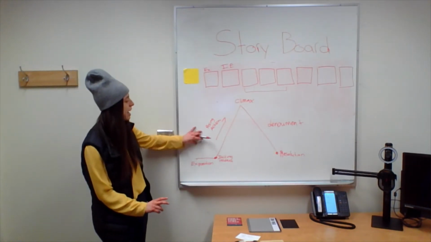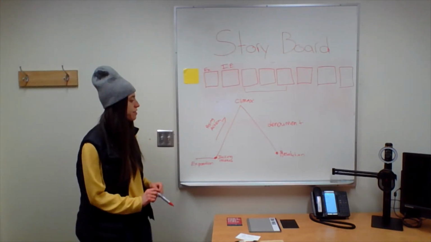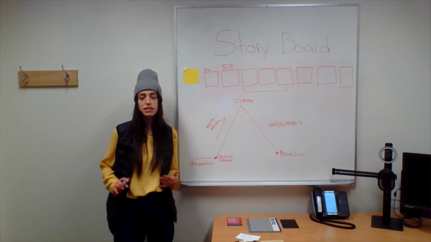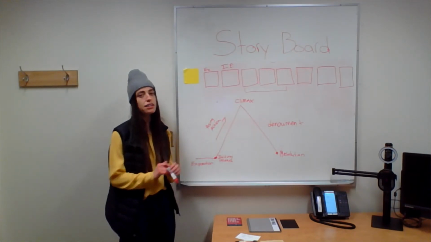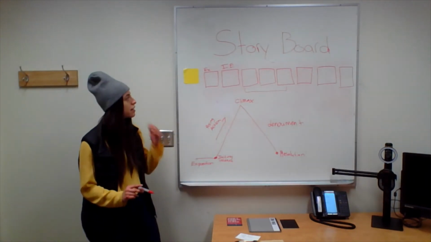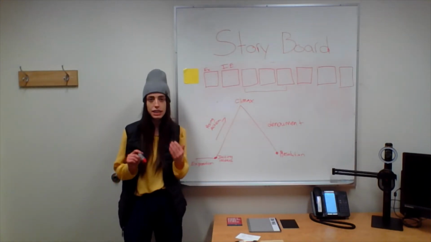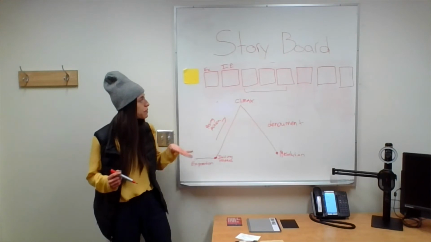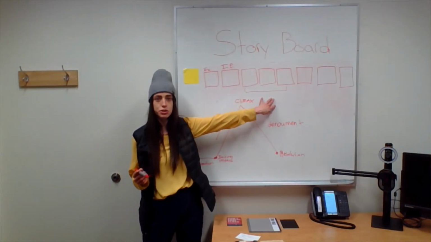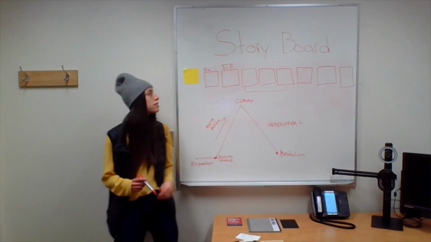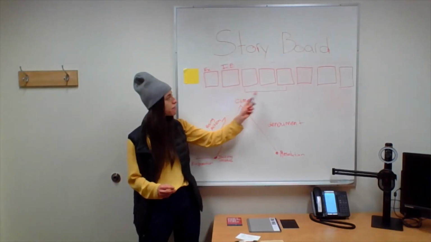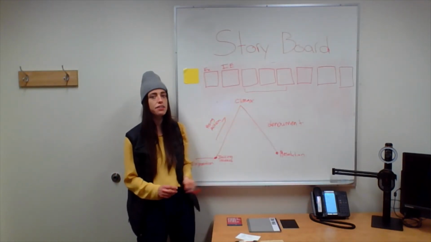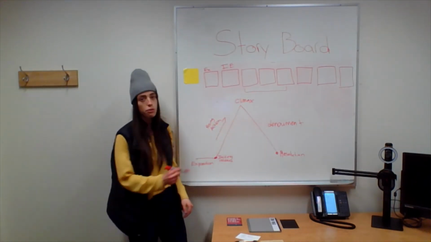Next, rising action. So this is any event that's going to lead us to the climax. And sometimes in more intermediate level storybooks, the rising action could be split up into more than one box. So this is why I've had 3 here, and they're attached together to explain the rising action.